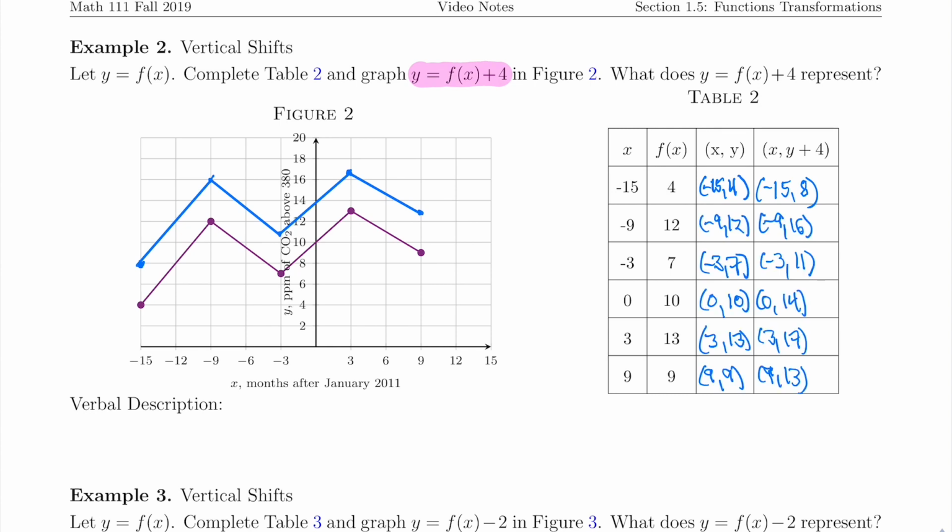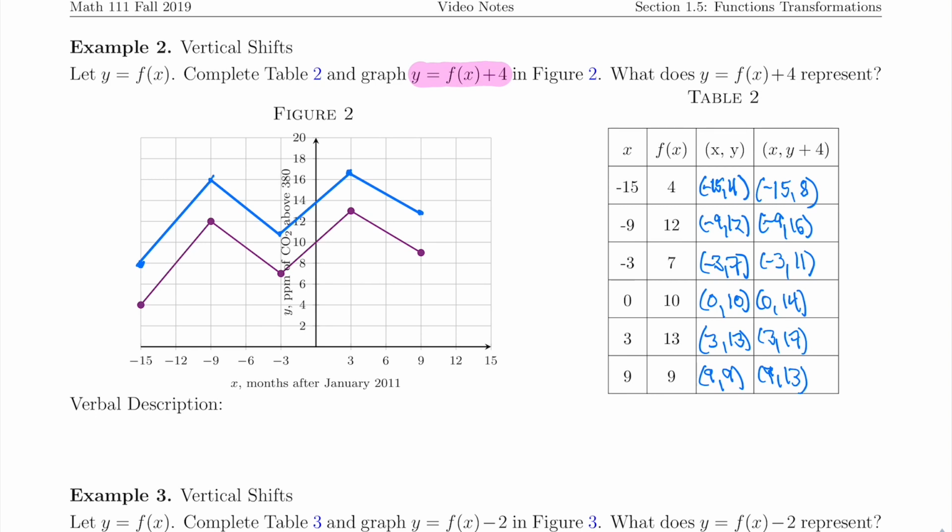So now we have all our values filled in, and we could now plot them. We could do it the other way around: first fill out the table and then graph. You will find which works better for you, and I will do a little bit of each as I show all the different transformations that we can encounter. Now, what does this mean? It's basically that all our carbon dioxide values have risen by 4.